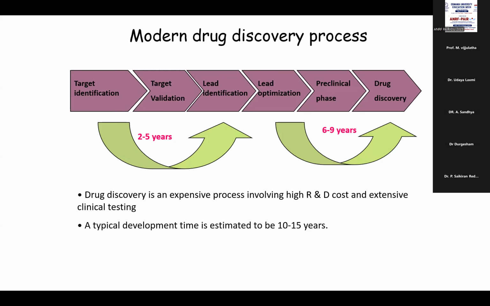And the research and development cost, workforce involved in it, and clinical testing are quite expensive. And here comes computer aided drug design, where target identification, target validation, lead identification, and lead optimization, these all can be done in computer.